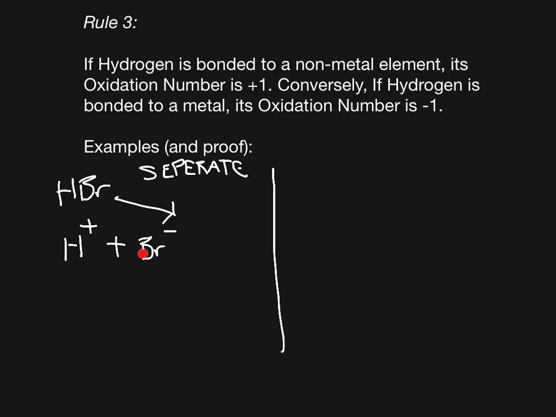So bromine has a negative charge because it's more electronegative. So now I can just use my rule 1, where the oxidation number is proportional to the charge. So here we can see that the oxidation number of bromine is -1, and the oxidation number of hydrogen in this case is going to be +1.